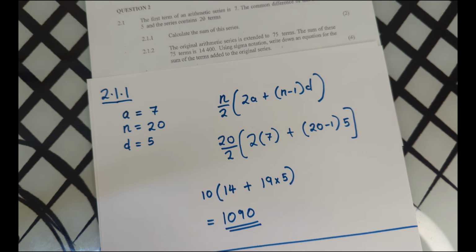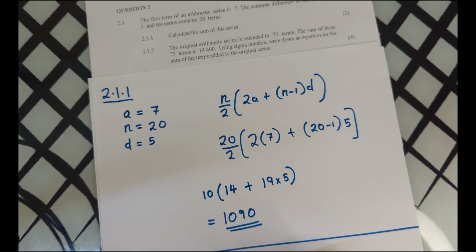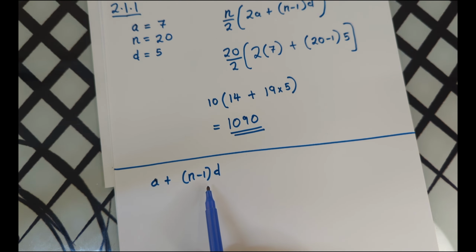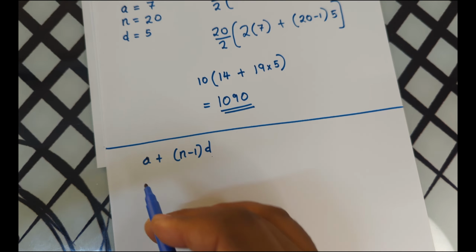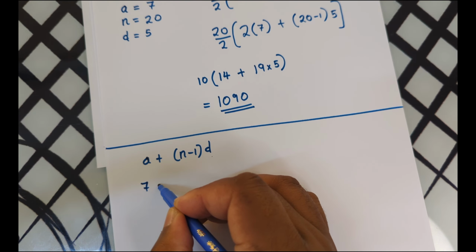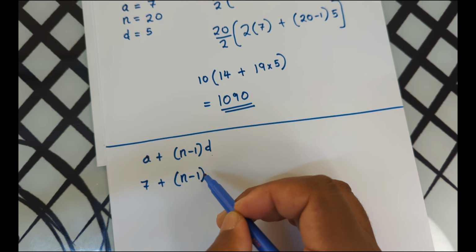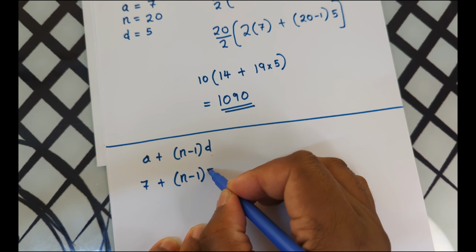So let's go back to our series of 20 terms, and we know that the general form of our series will be a plus (n minus 1) multiplied by d, and our a is 7, plus (n minus 1), and our common difference is 5.